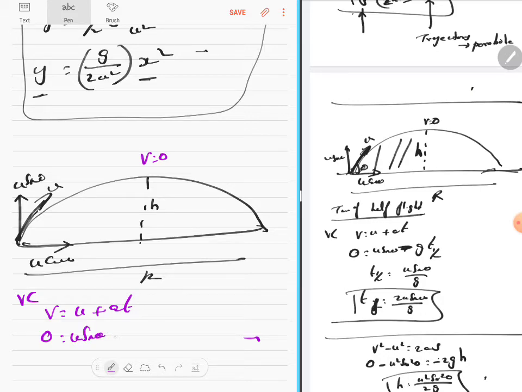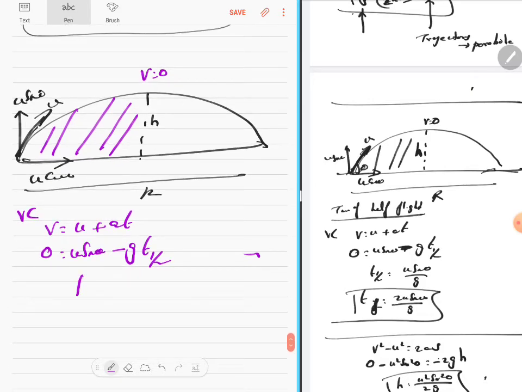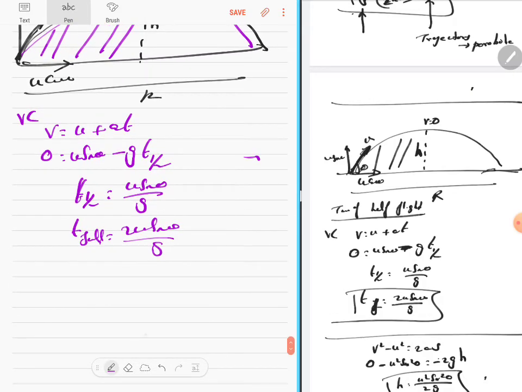The gravity is minus g because the ball is thrown upward, so minus gt. This t is for half the journey because I have considered only this part of the journey where the velocity gets to 0. So t half itself is u sin theta by g. Therefore, time of ascent is equal to time of descent, and so 2u sin theta by g will be the formula for the time of full flight.